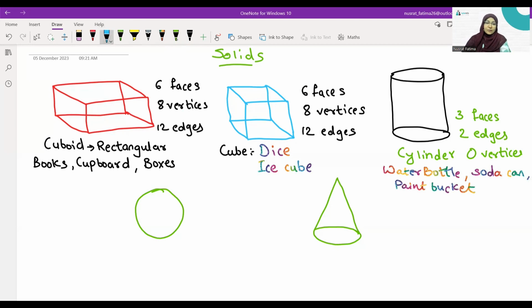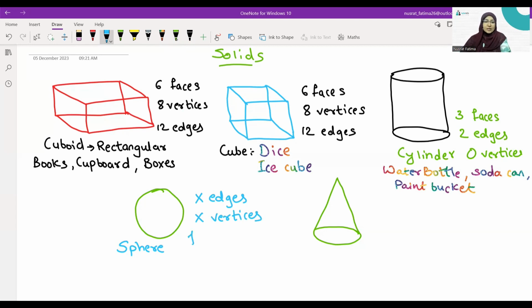The next shape that we need to understand is a sphere. Yes, which is circular. A sphere. So a sphere doesn't have, what does it not have? A sphere does not have any edges or vertices. So the number of edges and vertices in a sphere are 0.